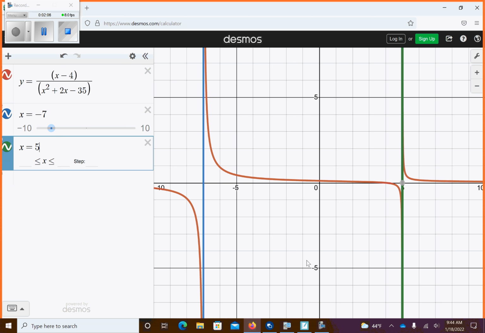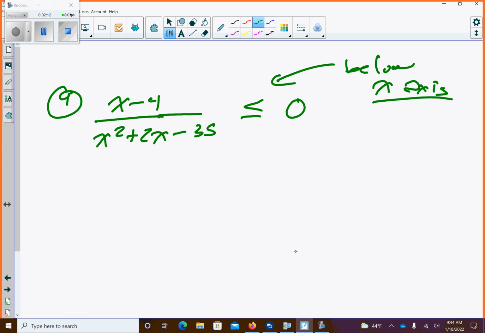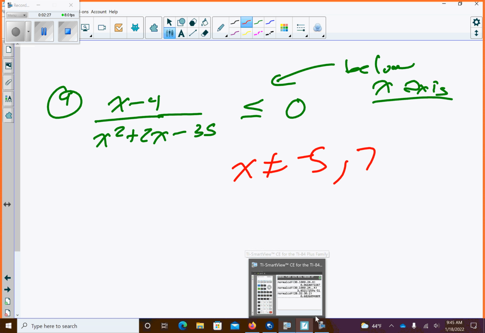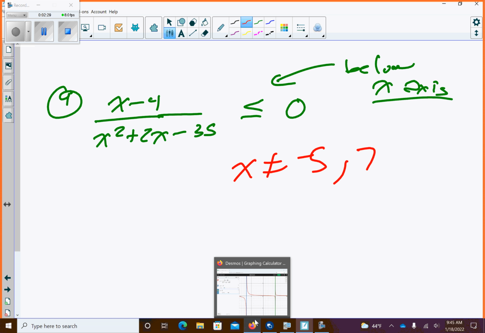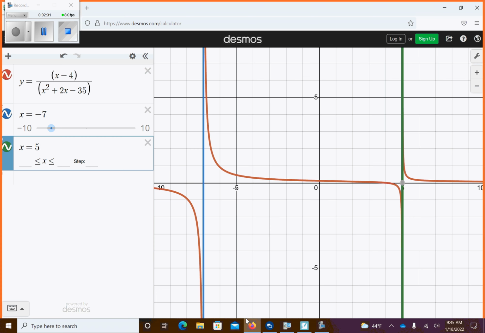Okay, so keeping in mind the -5 to -7. So x can't equal -5 and it can't equal -7. Oops. -5 and 7, is that right? +5 and -7.